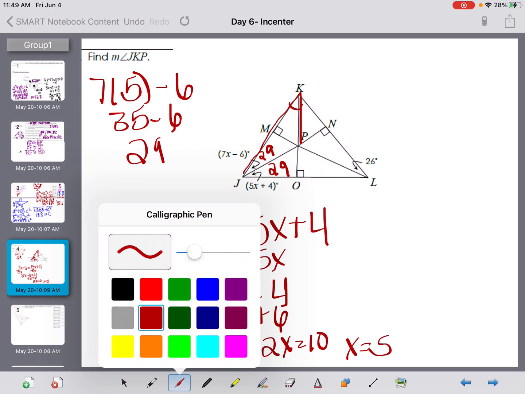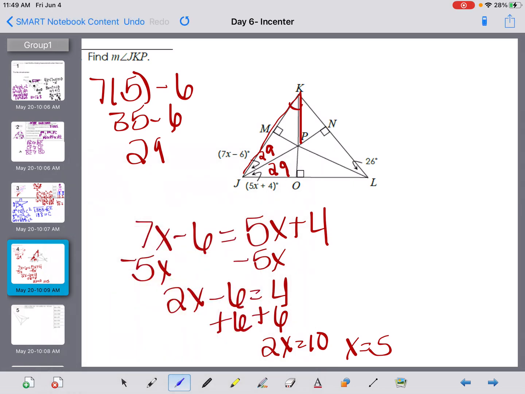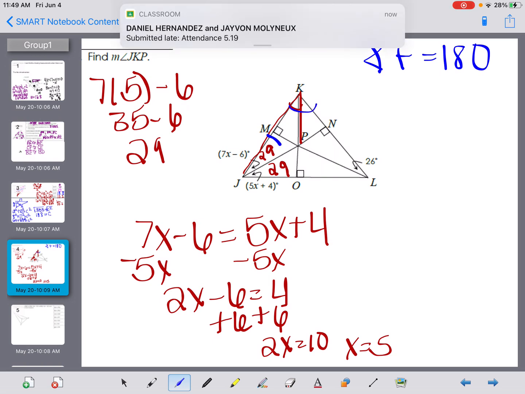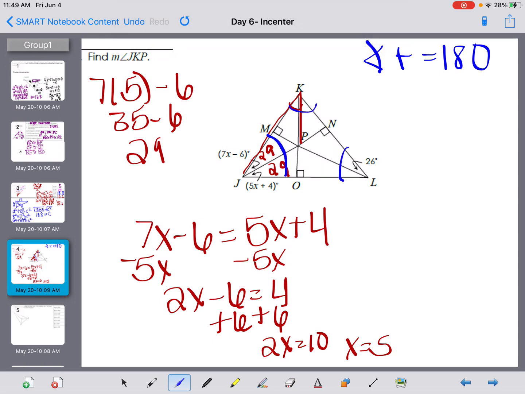Just doing that is not enough, okay? Something we need to remember about triangles is that all my angles add to 180, okay? So this angle plus this angle plus this angle all equals 180. Well, I know what angle J is. Angle J is 29 plus 29.